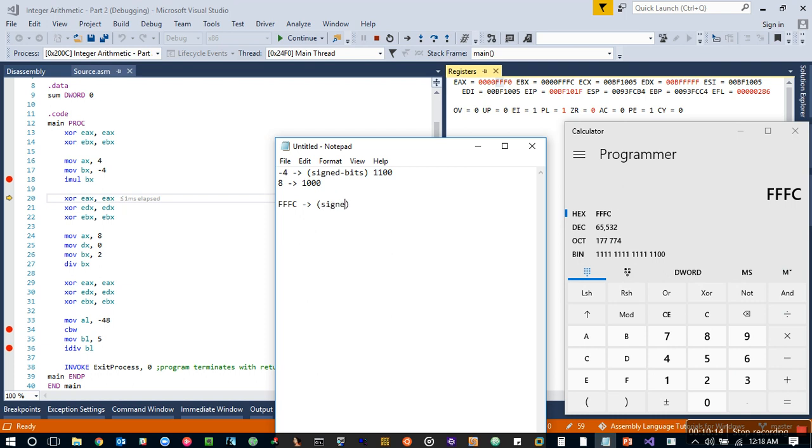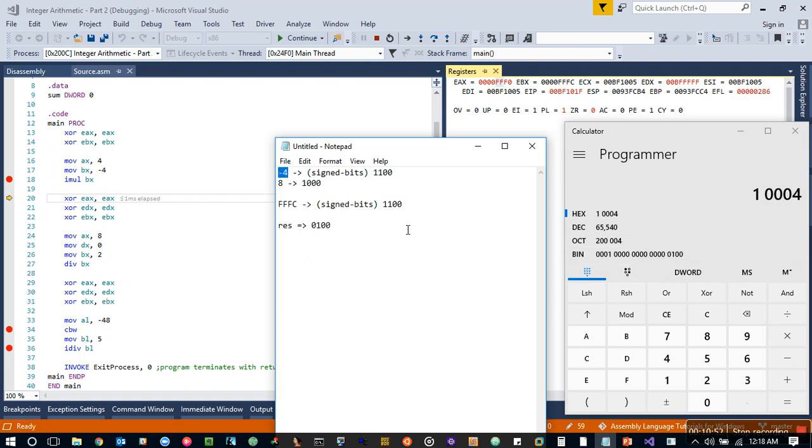Now when you add this to this, let's see what we get. FFFC plus 8, we get 10100. So we get the result 0100.